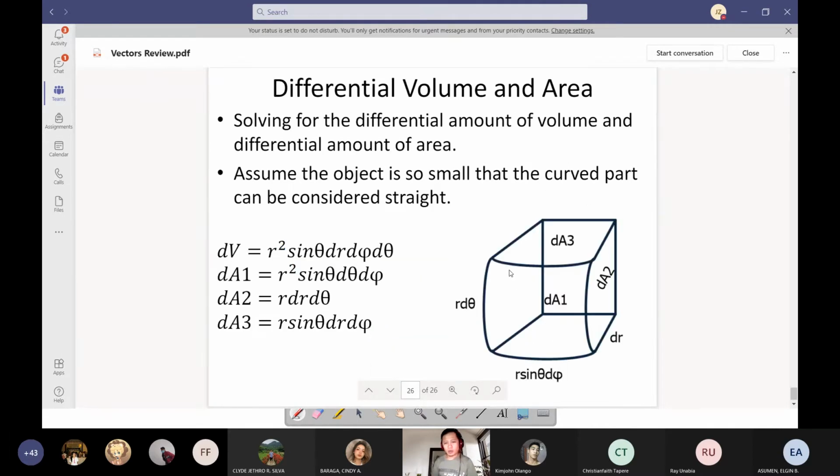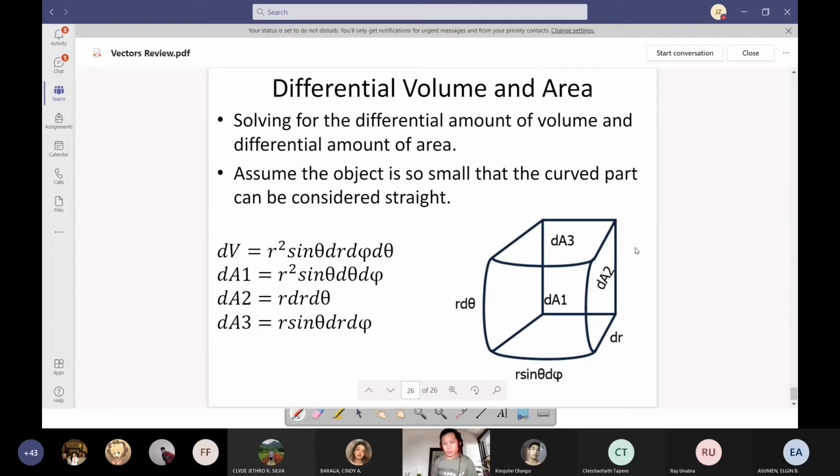As you can see here, two curves: the base angle curve and the angular height curve. Because of the smallness of our object, we can now apply length times width times height. Because of the smallness of the piece we took, it looks straight. Now, with that, what remains is the dimensions.